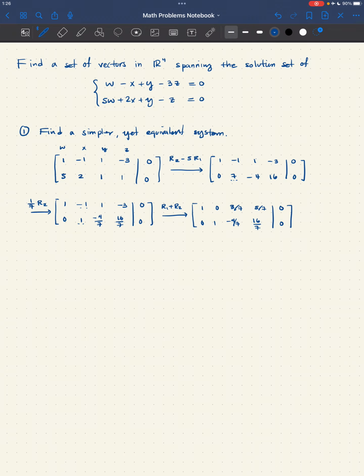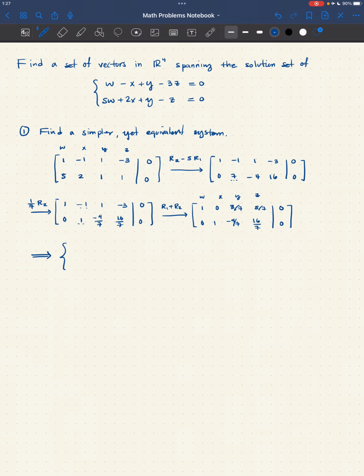Time to reinterpret. So time for moving from the syntax to the semantics. What does this mean? Well, of course, this means that the system may be seen in this fashion. This being the W, the X, the Y, and the Z, the columns encoding the coefficients associated with that sum.